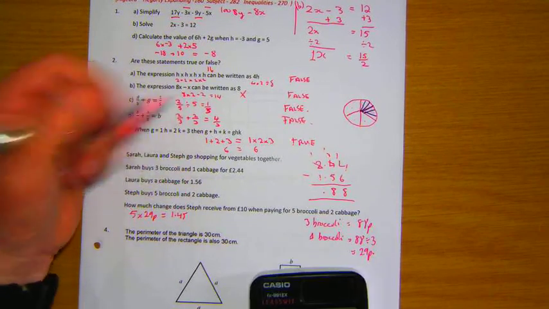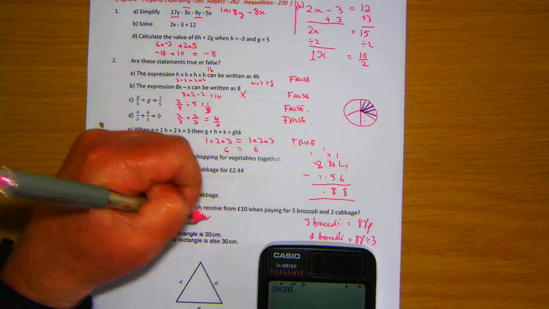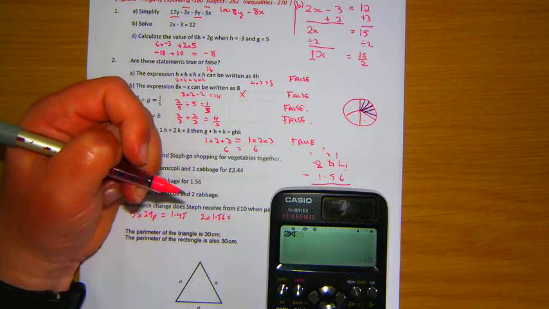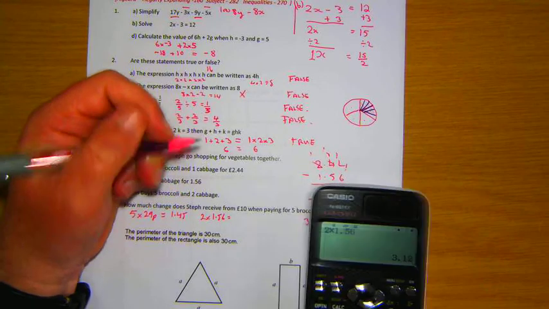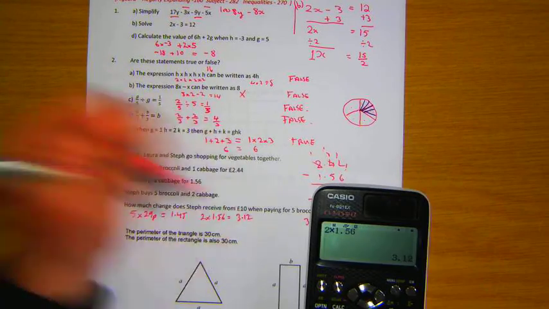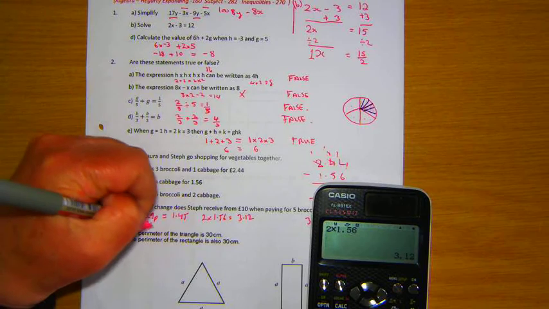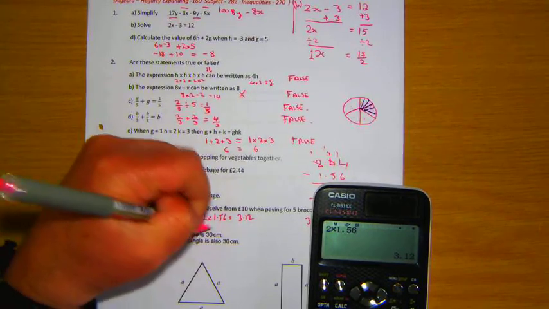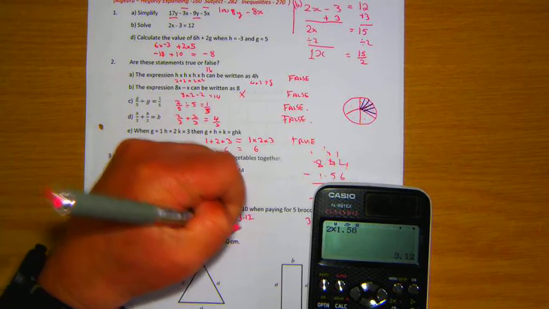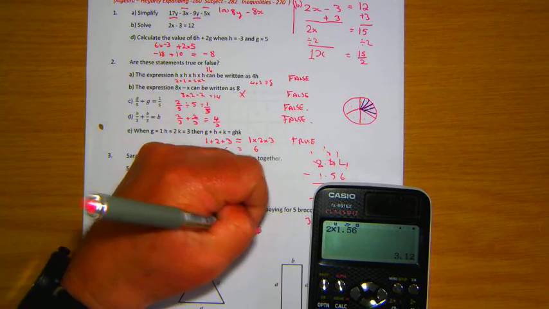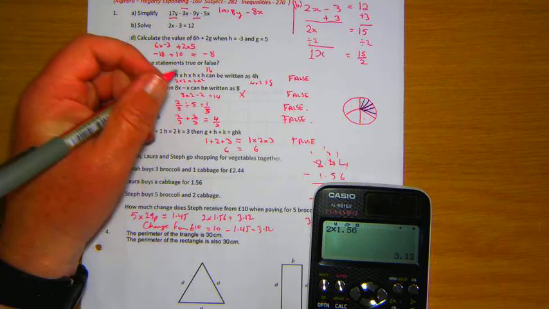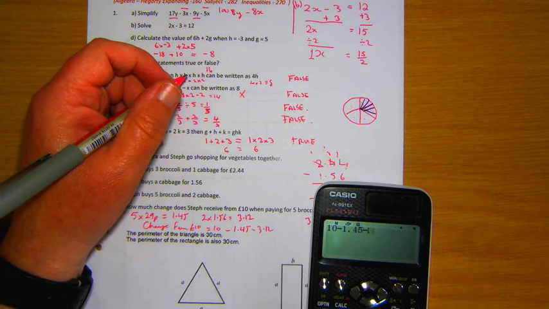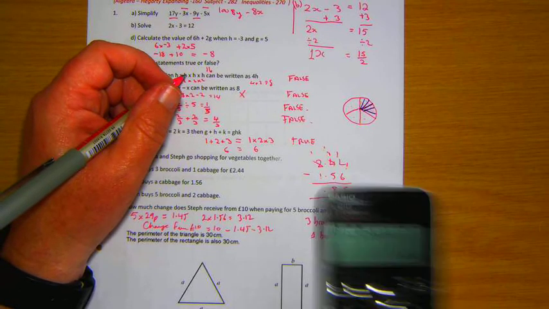The 2 cabbage is £3.12. So the change from £10 will be 10 take away £1.45 take away £3.12, which is £5.43.